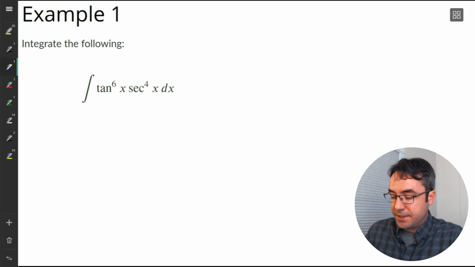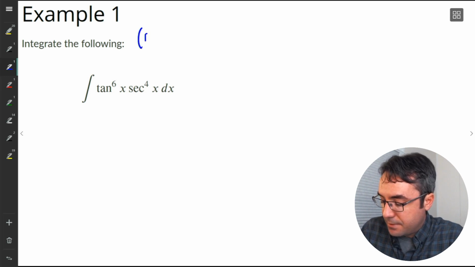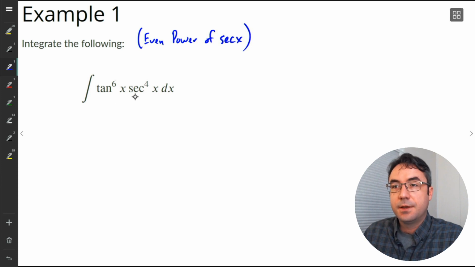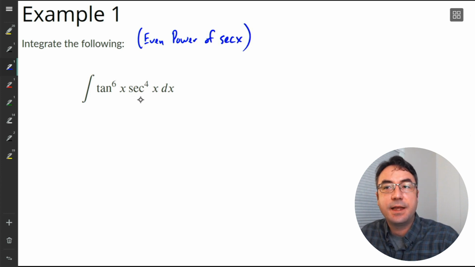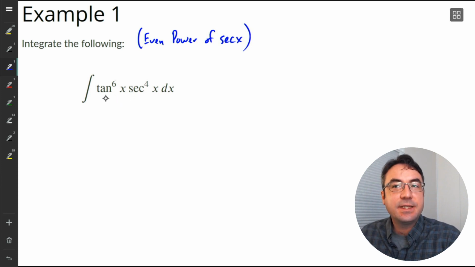And when we look at this, we have an even power of secant x. So when we look at our powers of tan and secant, tan is an even power, so that doesn't really tell us anything at this point, but we have an even power of secant.